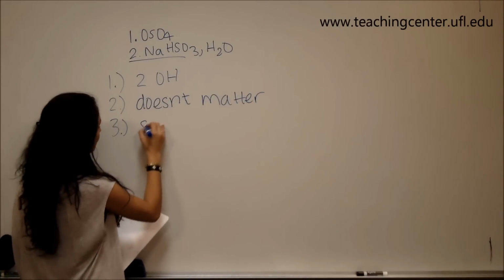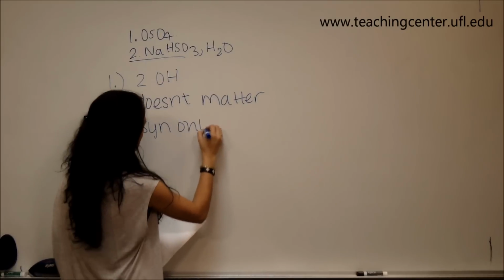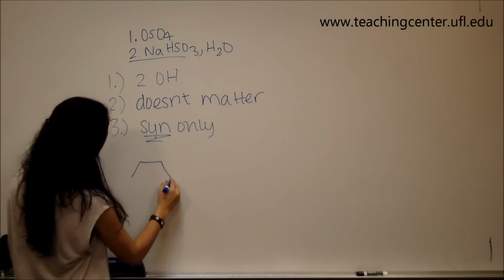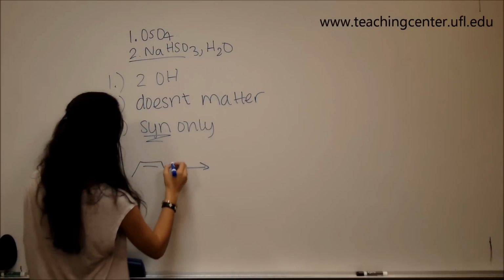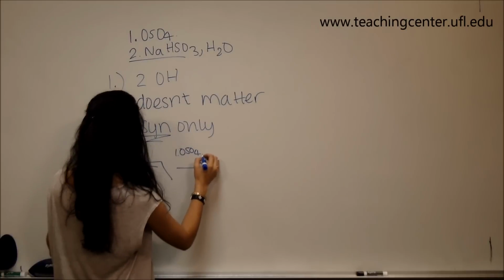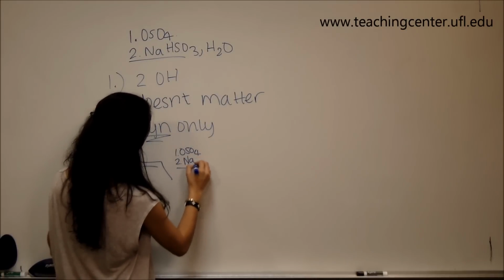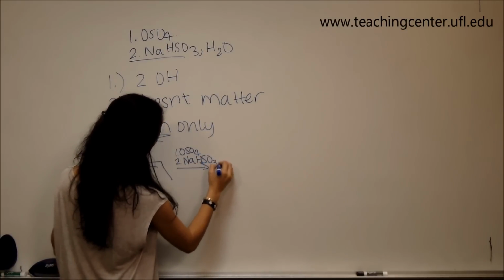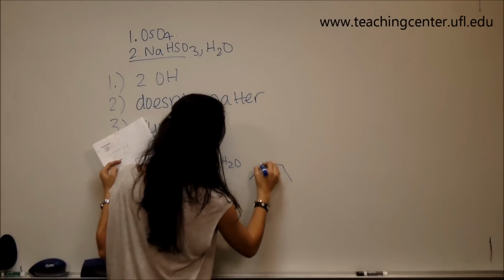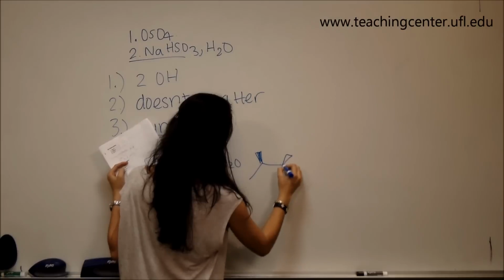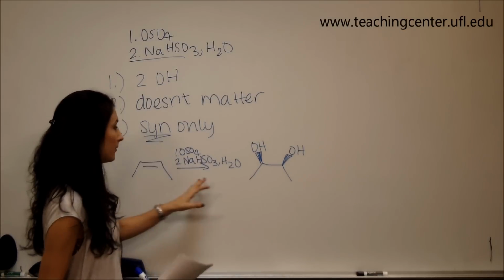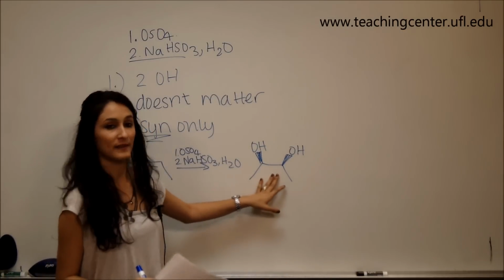And then how are we adding it is going to be syn only. All right, so what you end up getting here is OHs added to both sides of the double bond with a syn addition.